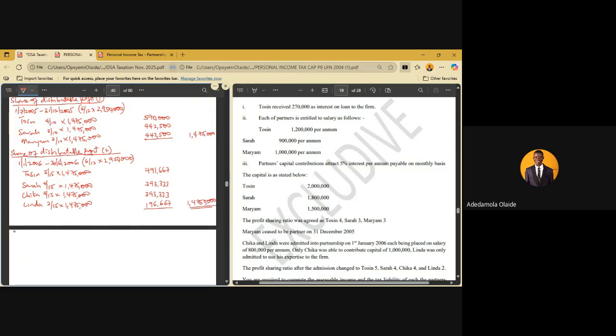The next thing is now to compute tax liability. So we have Tosin, Sarah, Mariam, Chika, and Linda.